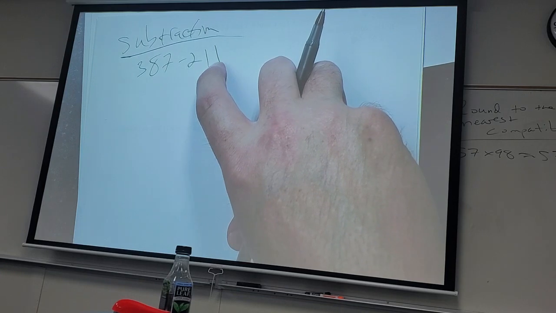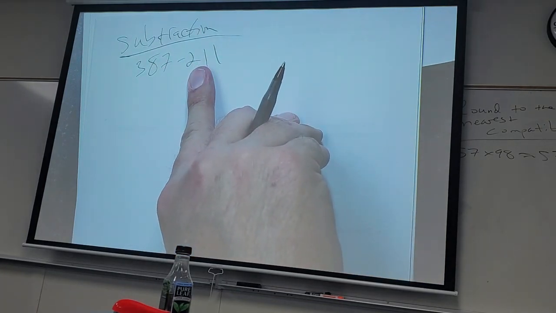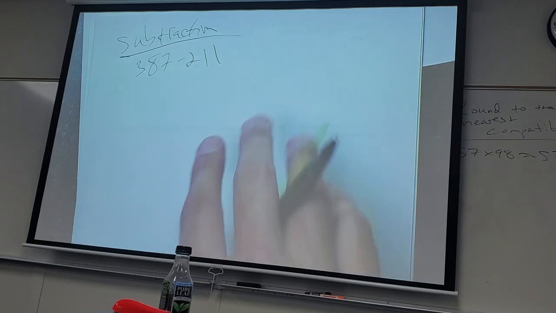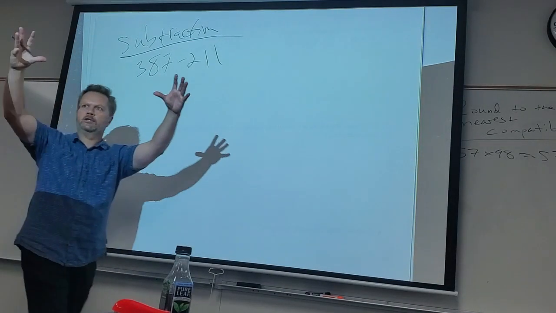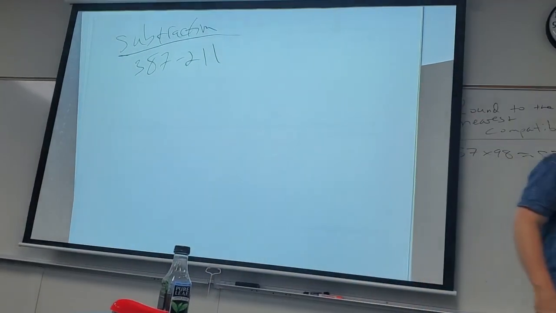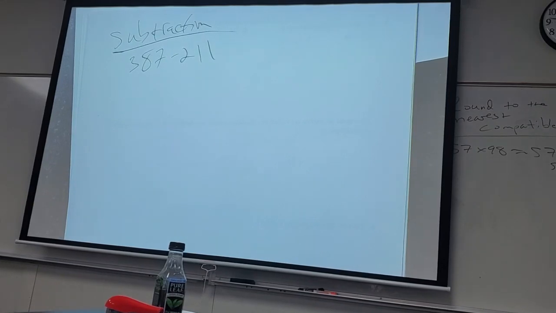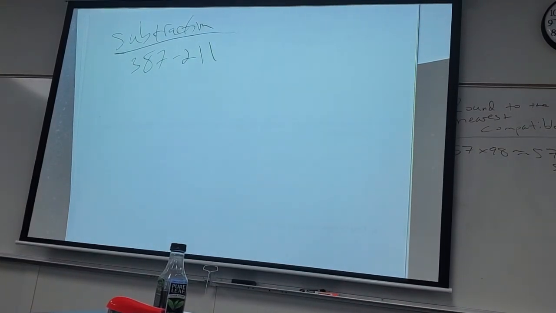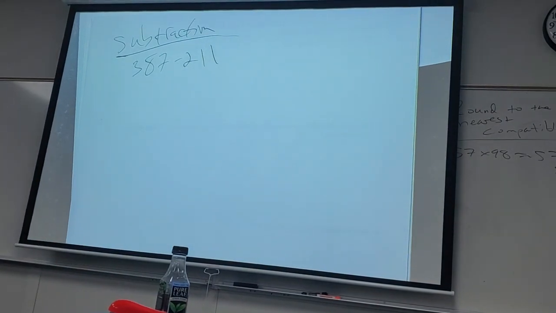Does that make sense? What method do you think we're going to use? What's the easiest way to do subtraction when I have a certain number of objects and I want to subtract away? Of course I'm going to use take away. So I'm not going to represent each number.